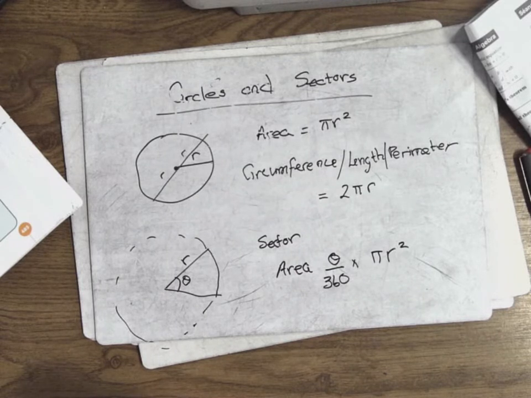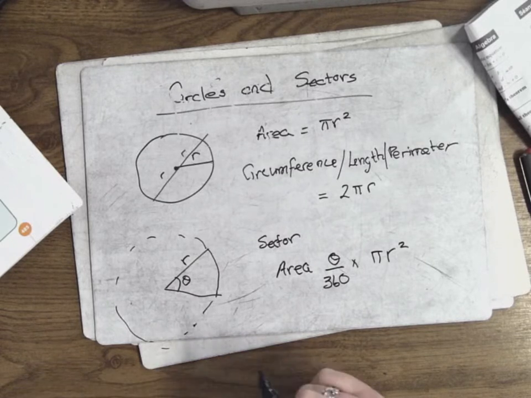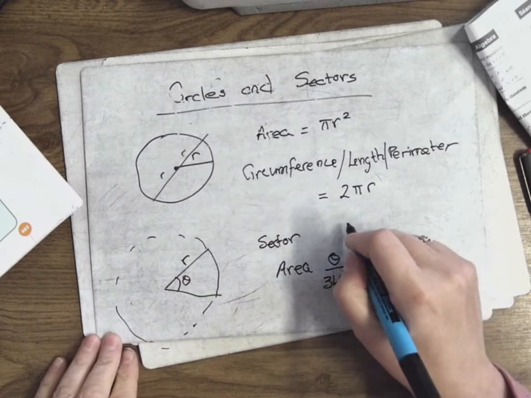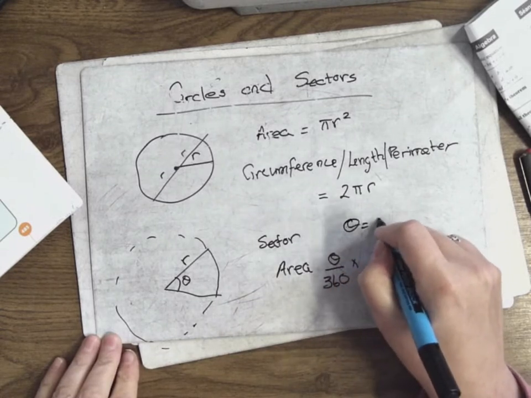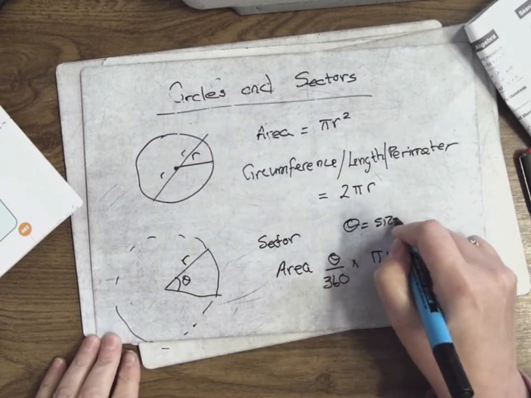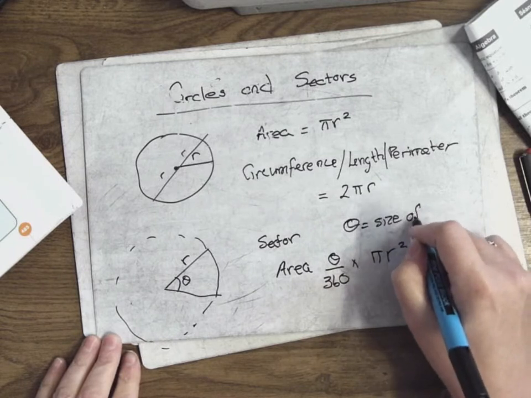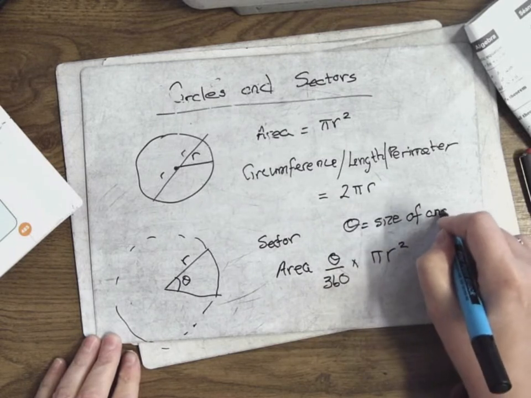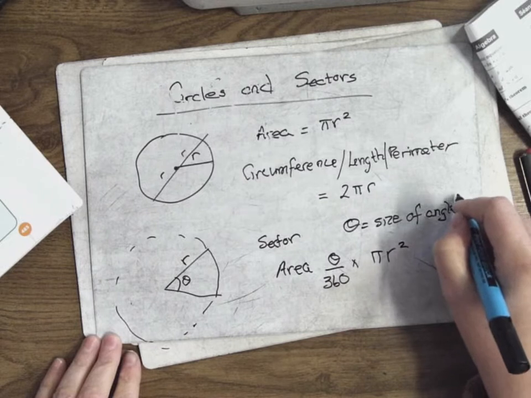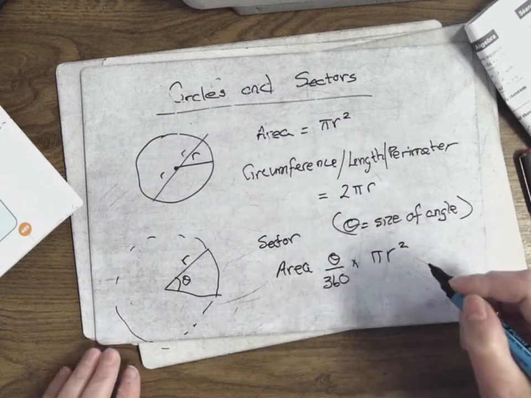Yeah, it's just the size of the angle. So look, I'll just write theta equals size of angle. It's just a Greek letter they used instead of x or a or b or whatever.